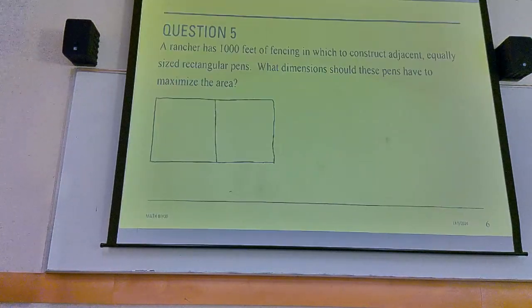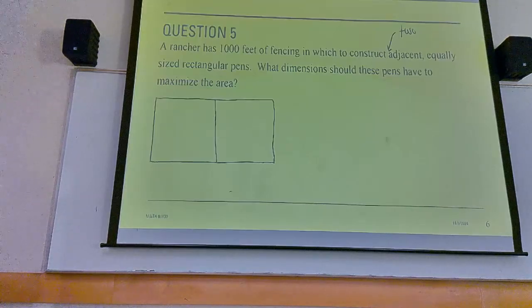So I think we should define X and Y as the length of one segment going horizontal and vertical respectively. For example, X could be the length of that top segment going horizontally, because that's also the length of the bottom segment. And then we just account for that in our formula.